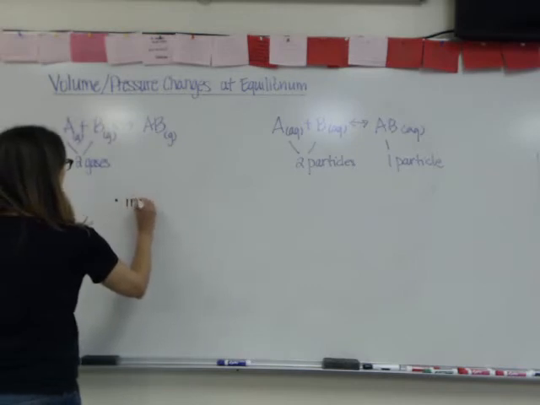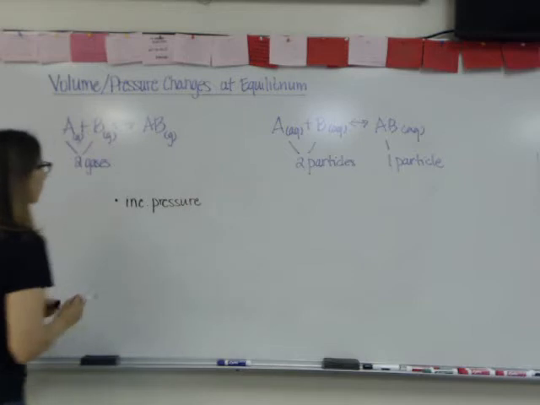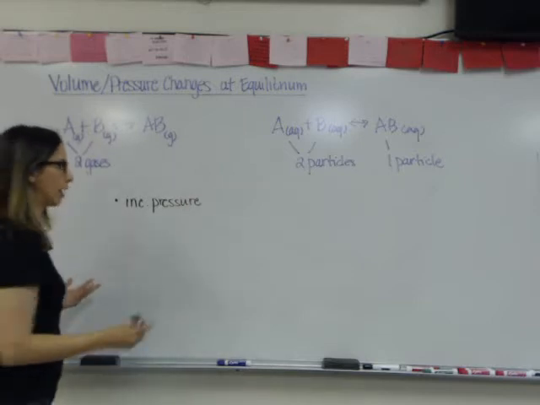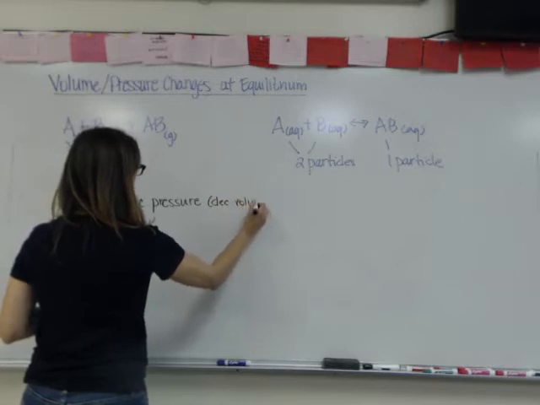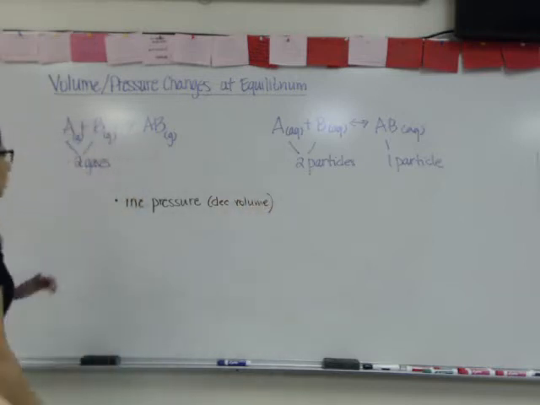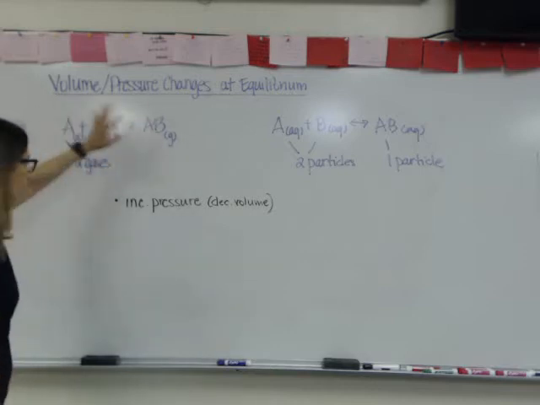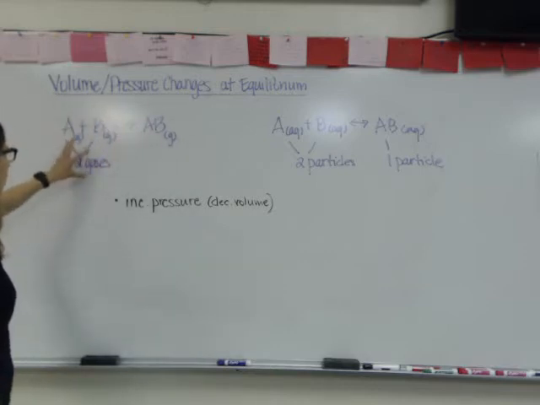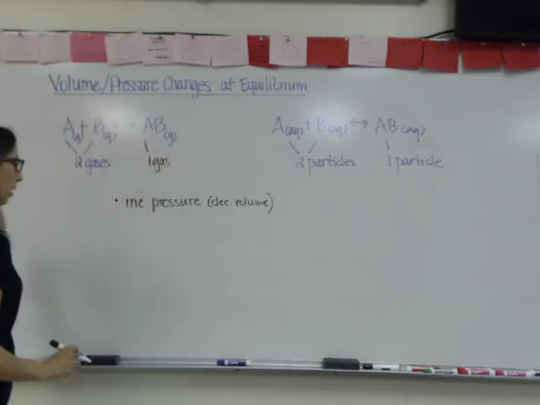If I increase the pressure of a system that's at equilibrium, which was caused by decreasing the volume, you need to look at if it's a gas, they're all gases, count how many you have. You have 2 gas reactants here, and you have 1 gaseous product here.